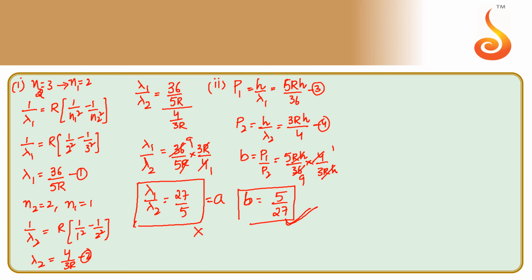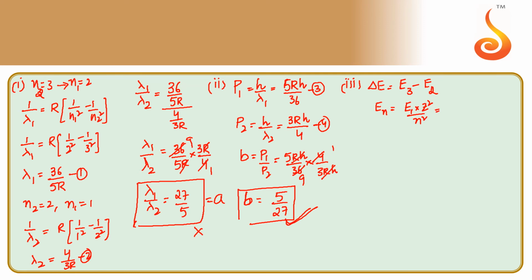So third one, energy. We know the difference of energy is equal to the energy in the higher level minus the energy in the lower level, so the energy in the second orbit and the energy in the first orbit. We know that energy in the nth orbit is equal to the energy in the ground state times Z square by n square.